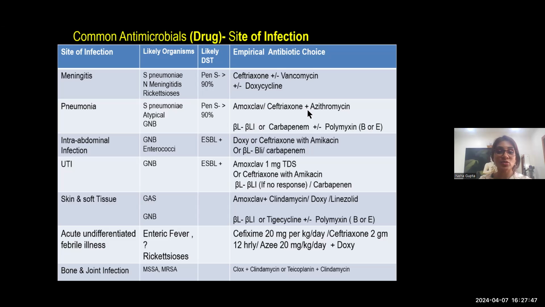For intra-abdominal infections and urinary tract infections, as these may have ESBL-producing gram-negative organisms, a choice between the BL-BLI combination or a carbapenem can be considered based on the severity of illness, the source control possibility, as well as the immunocompetent or immunocompromised status.